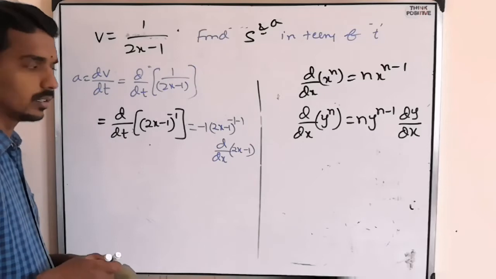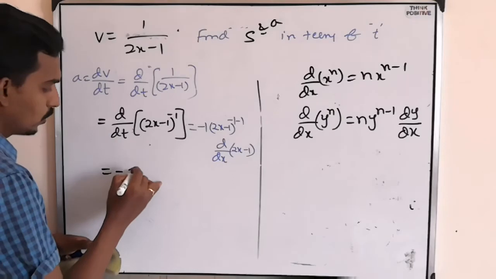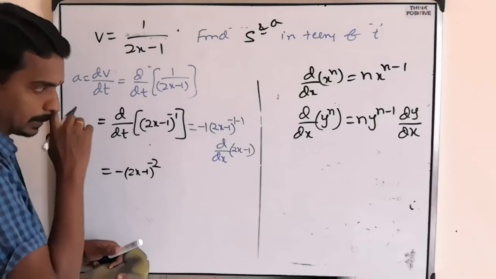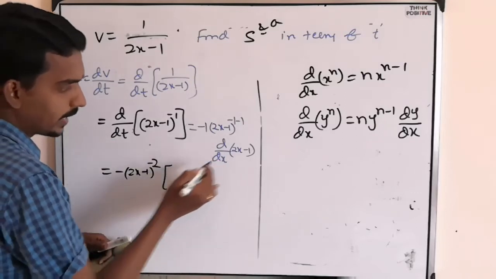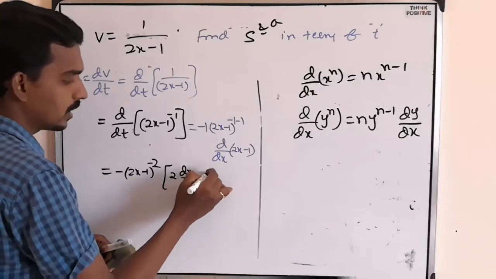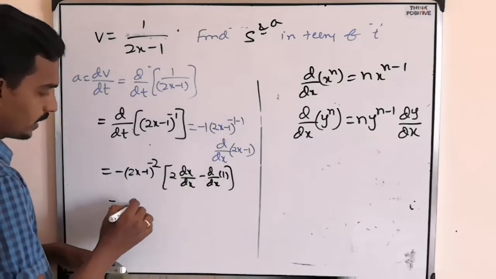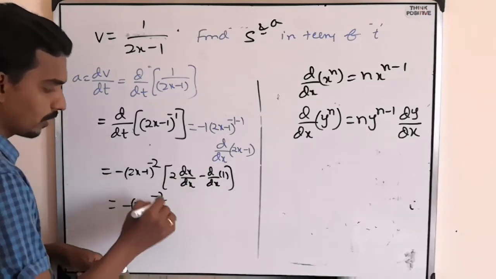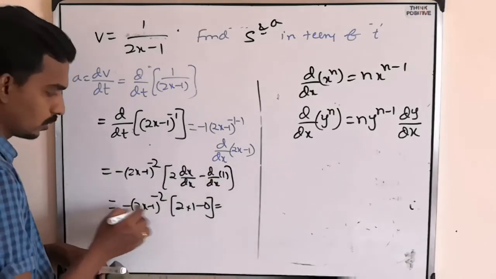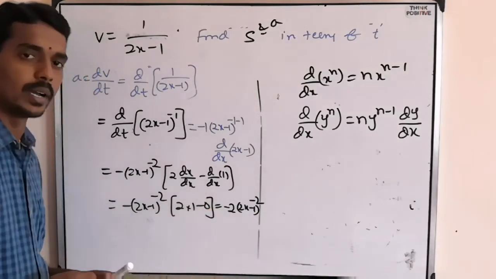So that equals minus 2x minus 1 whole power minus 2 into d by dx of 2x minus 1. So 2 into dx by dx minus d by dx of 1 equal to minus 2x minus 1 whole power minus 2, 2 into 1 minus 0 equal to 2. So minus 2 into 2x minus 1 whole power minus 2.